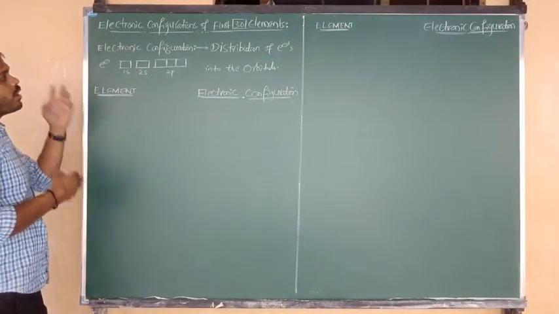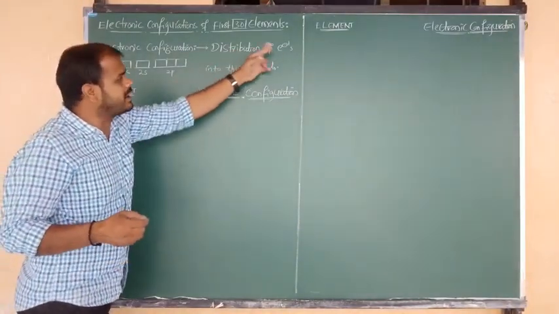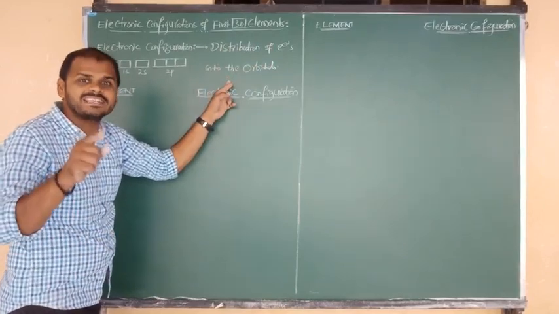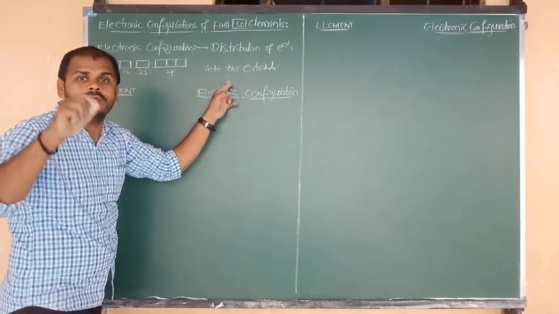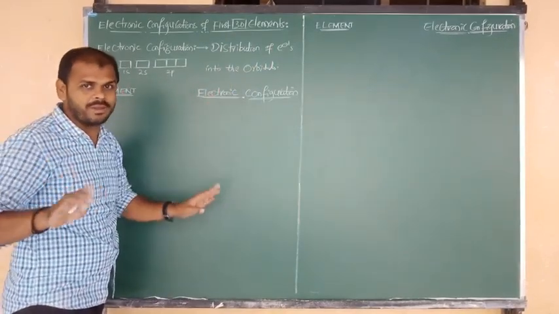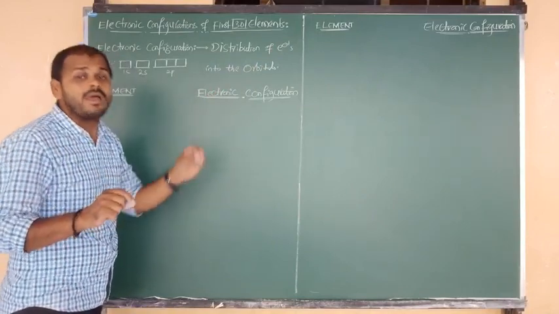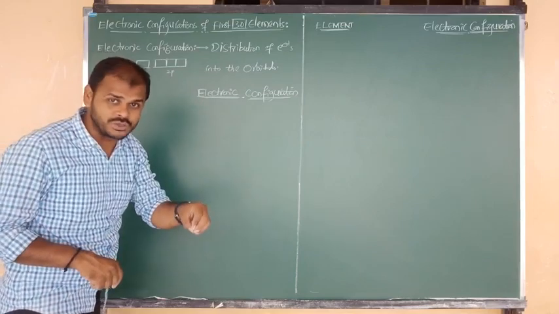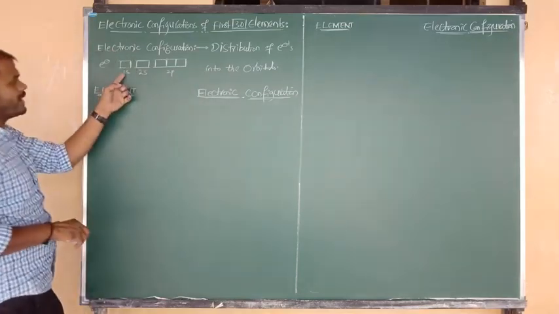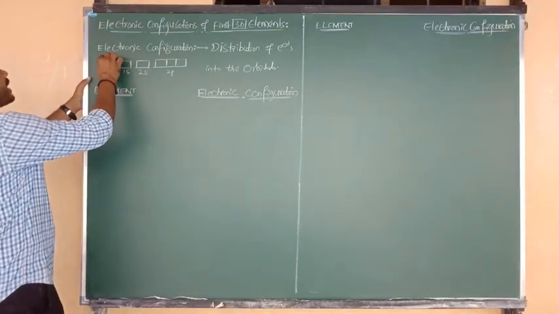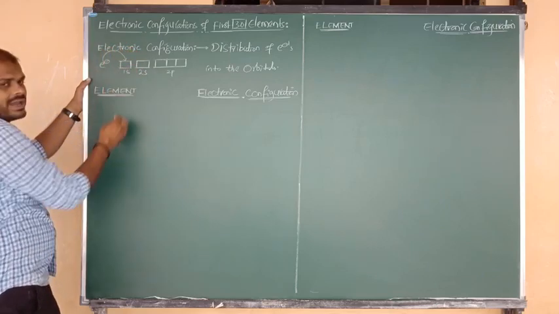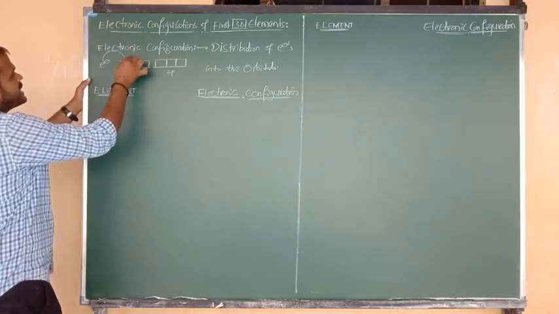So how will the electrons be filled? Generally, distribution of electrons takes place as per Hund's, Pauli's and Aufbau principles. As per the Aufbau rule, first of all the electron enters the lowest energy orbital, 1s. Electron distribution takes place into the 1s, spin up and spin down.